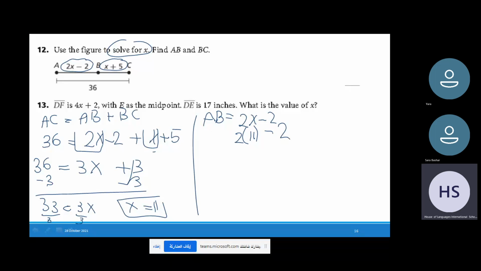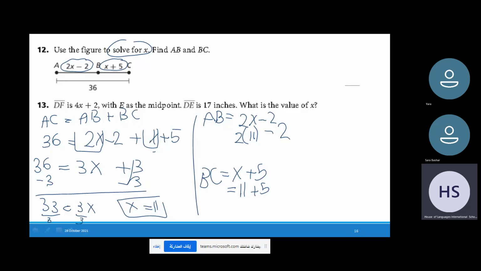And for BC, I have to substitute x, which is 11, plus 5. So two steps: first, find x, which is 11.